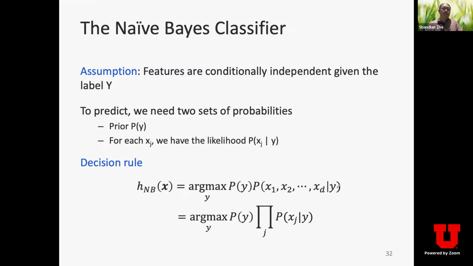Applying the conditional independence assumption, the likelihood of the d features given a particular label y decomposes into the product of the likelihood of each individual feature given the label y. So that's our model definition. Any questions so far?